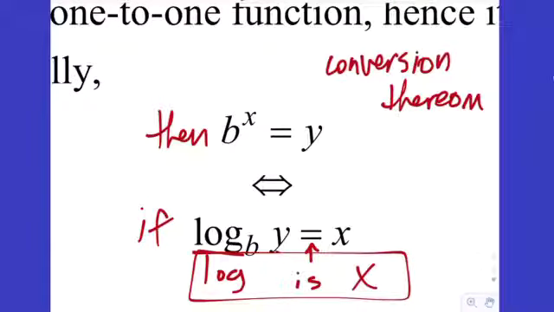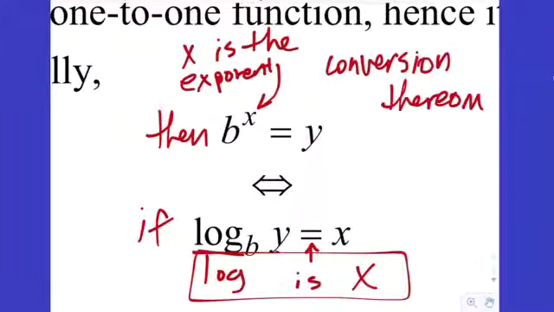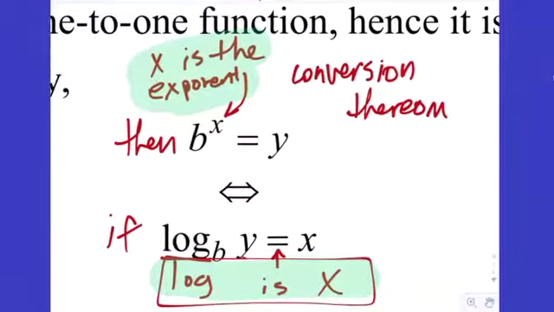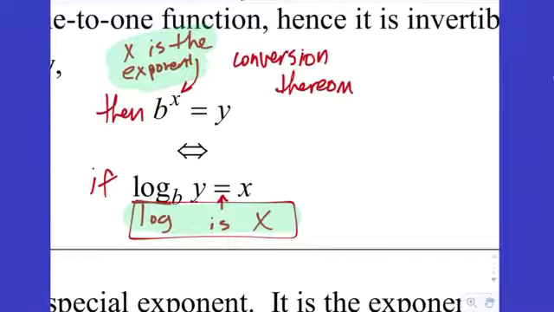We'll look at it in exponential form. What is x? X is the what? The exponent. So there you go. By the transitive property then, if log is x and x is the exponent, then the log must be the what? Exponent. And that's what a log is.